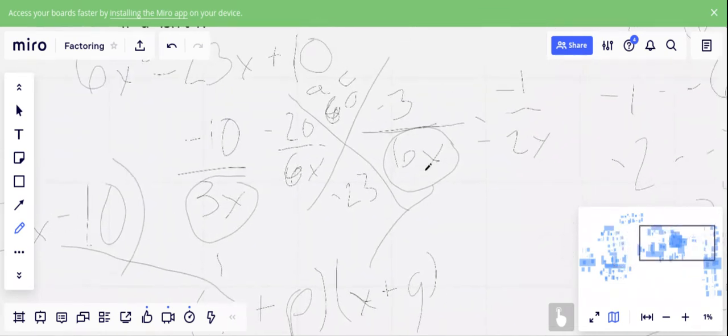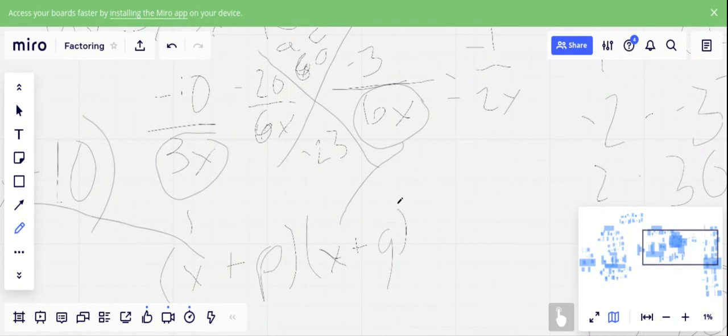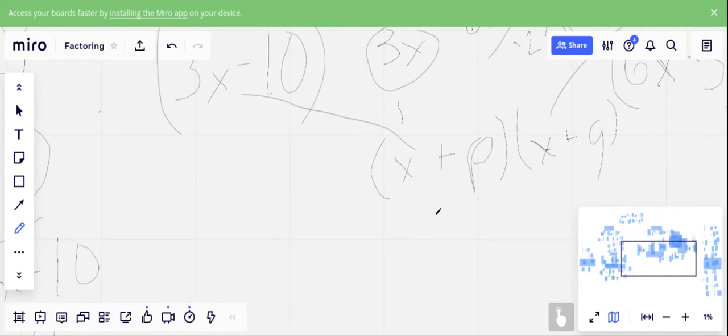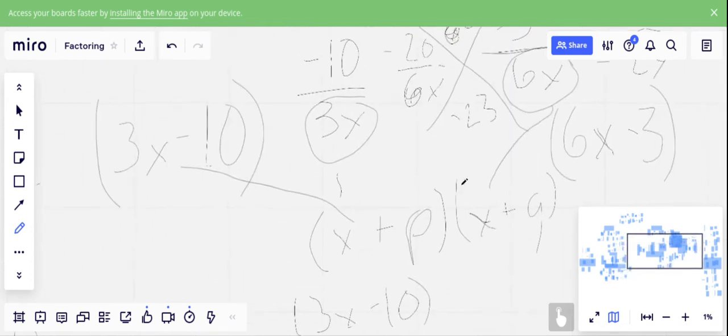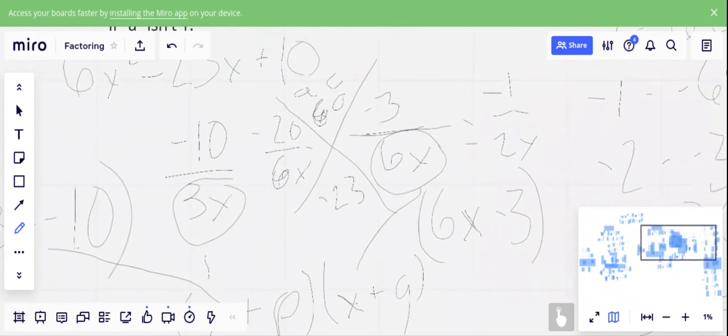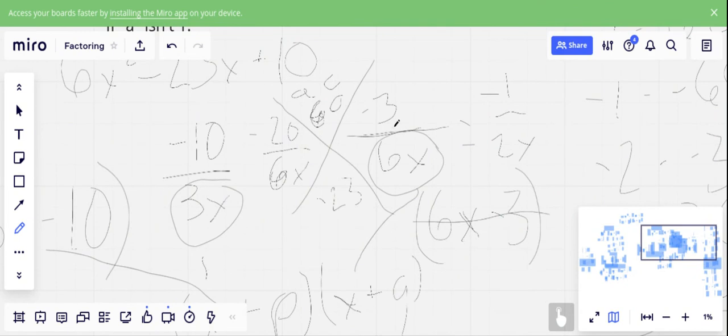Now let's do the same on the other side. So the denominator goes in place of the x, and the numerator goes in place of the p or q. So we have 3x minus 10 and, never mind, instead of 6x, we simplified it.